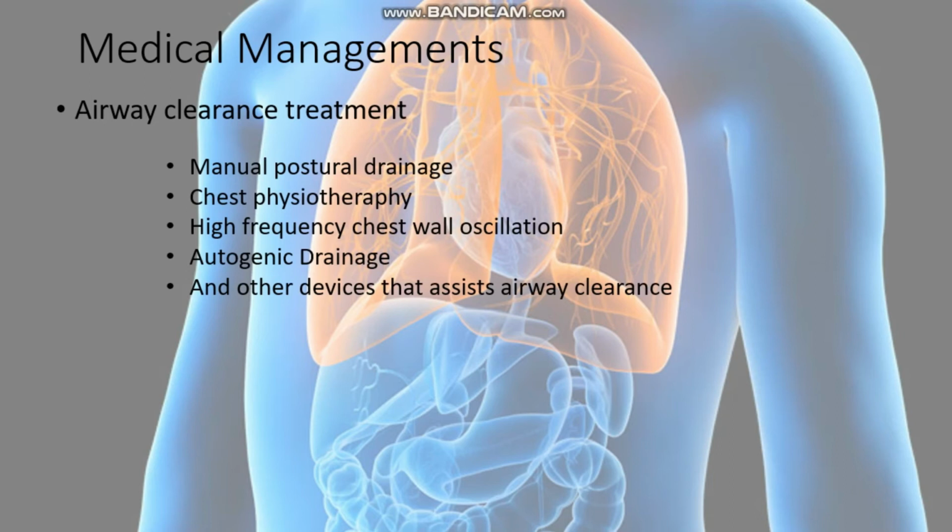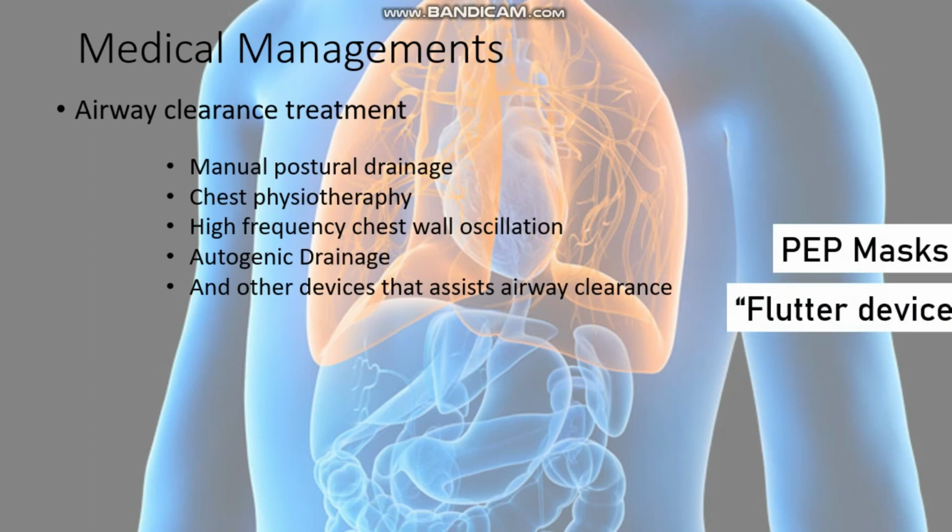Airway clearance treatment includes manual postural drainage, chest physiotherapy, high-frequency chest wall oscillation, autogenic drainage, and other devices that assist airway clearance, such as PEP masks and flutter devices.